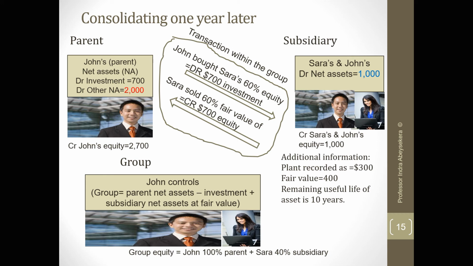Because 60% of equity is now eliminated against the investment. When we eliminate that, the investment is replaced or substituted by the assets, the proportion of assets that John acquired in the subsidiary.